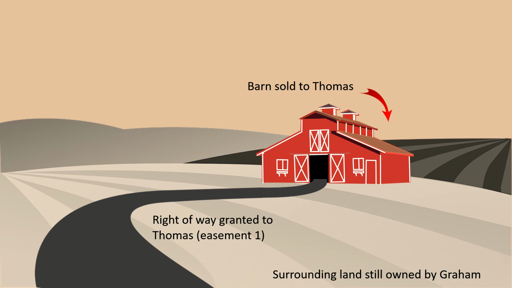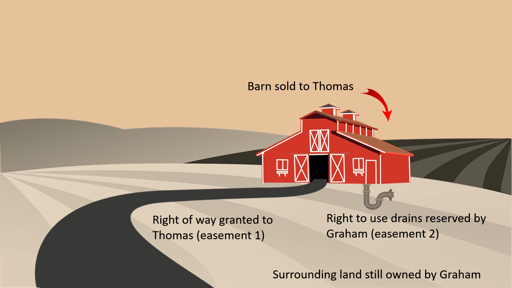It's kind of necessary for him to use the little track because there's no public road, no highway, no anything that he could use. Okay, so that's the first easement, and that's something that is being granted to another person. Okay, so originally Graham is the owner, and he grants this right of way to Thomas when he buys up the barn.